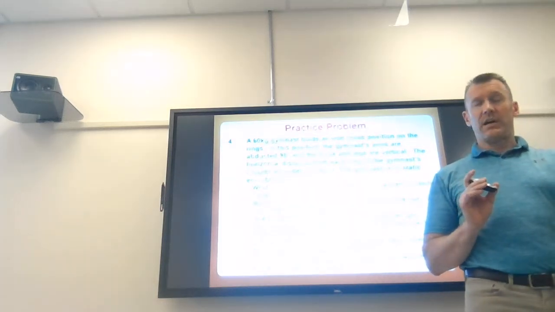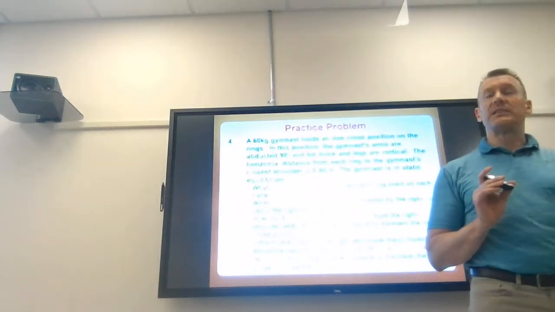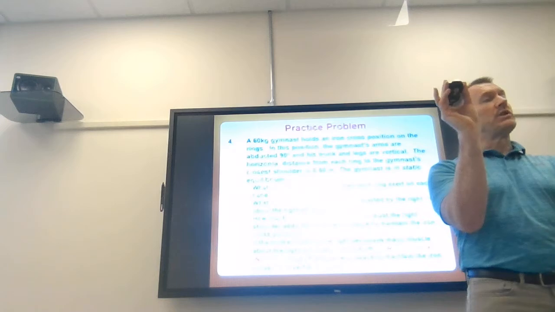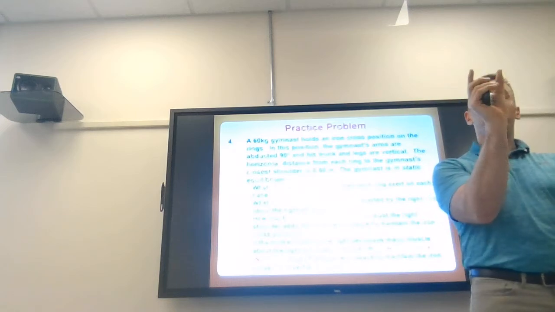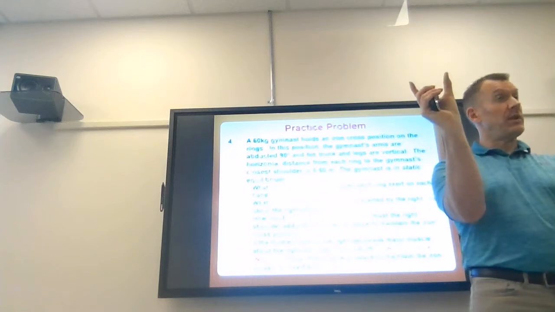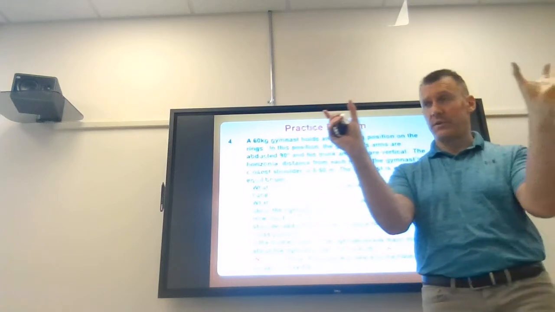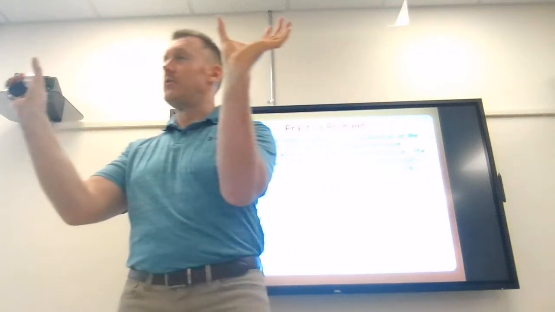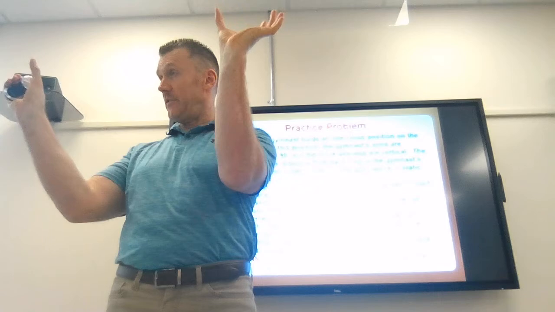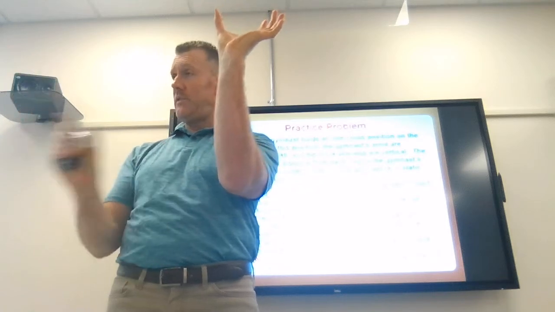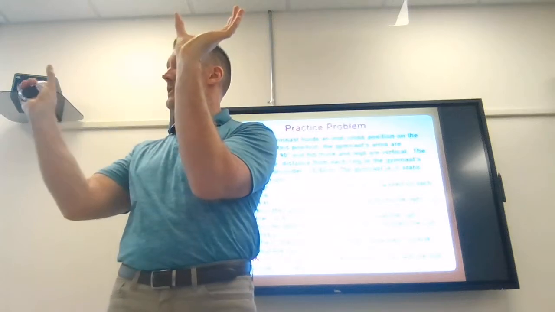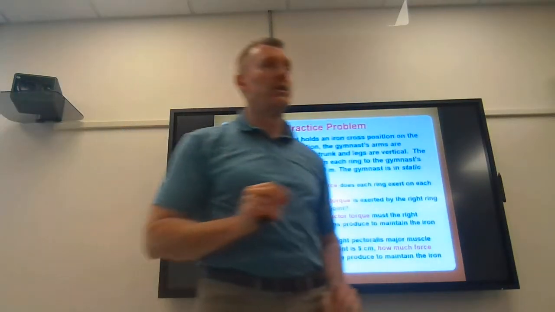Resistive torque is 176 newton meters, which is equal to the muscular torque, which is 0.05 meters multiplied by muscle force. We don't know what the muscle force is. That's what we're solving for. So how do you solve for muscle force then? Yeah, so you need to divide the resistive torque by what? 0.05 meters to solve for the muscle force.